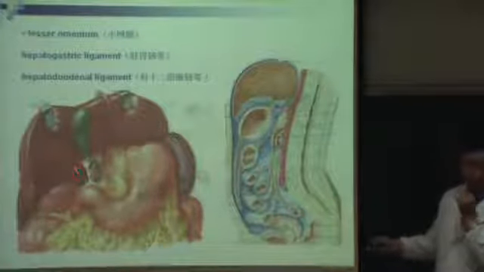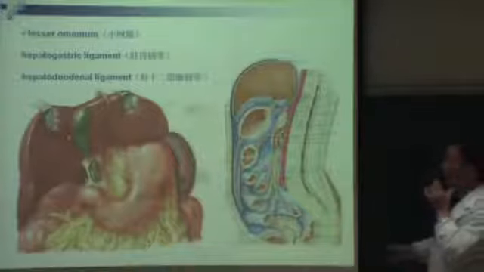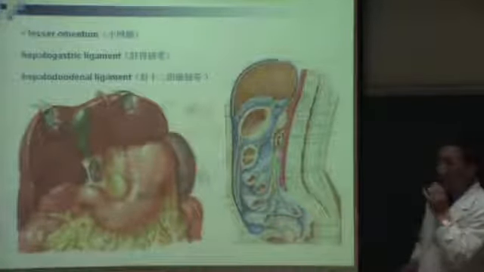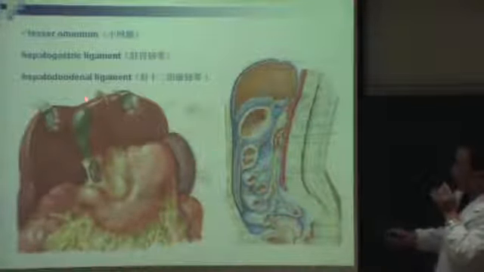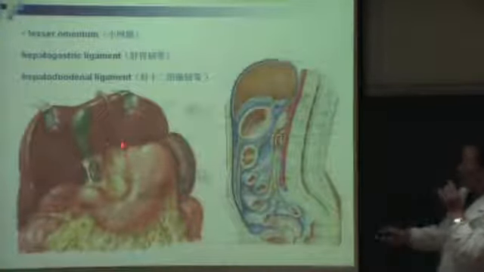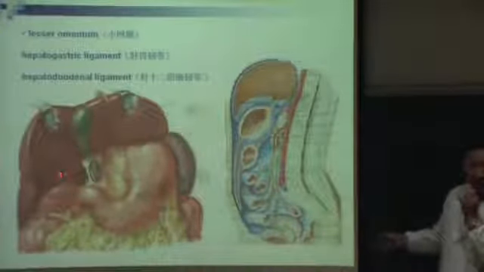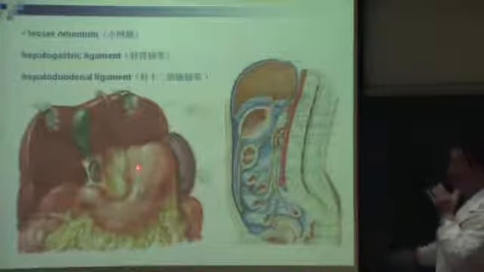This part, this region. It can be divided into two parts. One is the hepatogastric ligament from the liver to the lesser curvature of the stomach.